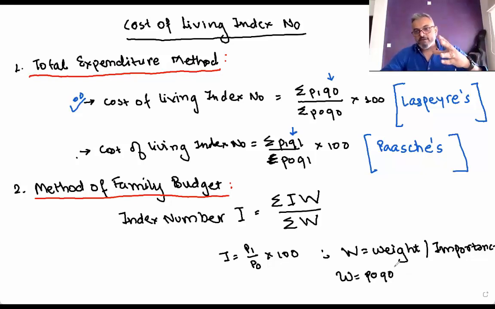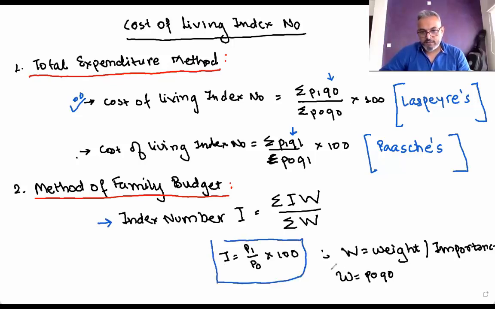If it is not directly given, we will calculate it. So this is the formula for the family budget method. This is I, this is W, this is the main formula.